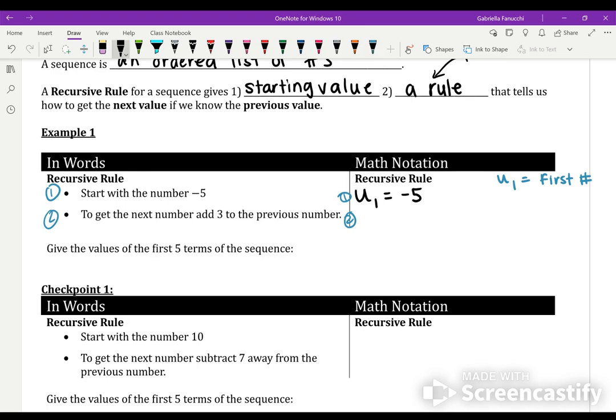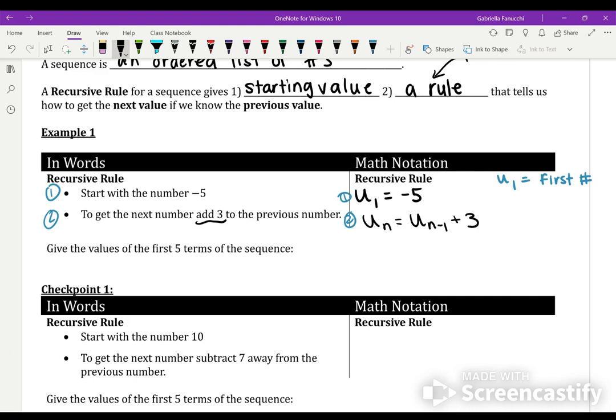Well, if I have the next number, we're just going to call it n, right? u sub n, or un, is going to be equal to the previous number. Well, how do I get the previous number? I'm going to subtract 1. So un minus 1. So the next number is equal to the previous, and it tells us to add 3, so we're going to plus 3.